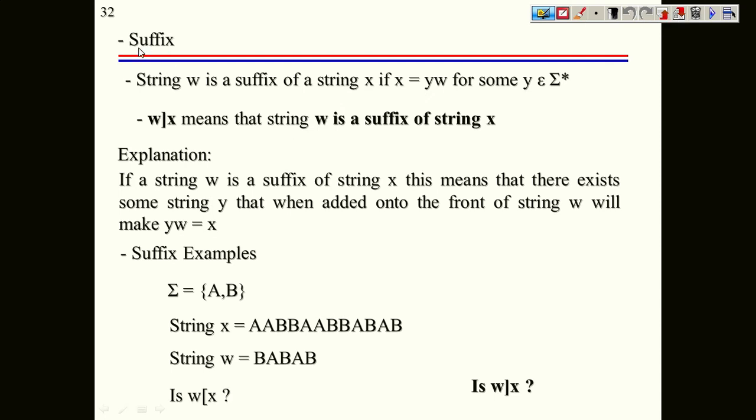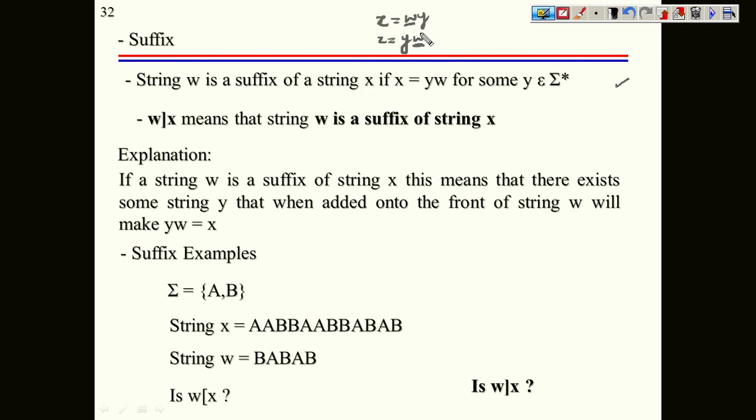Then we have suffix. Suffix is just the opposite of the prefix. Here we are looking for a string which is the last part of the given text. In the prefix we write it as wy, where w is a prefix, a part of the string which appears at the beginning. And if I write yw, this substring is occurring at the end.